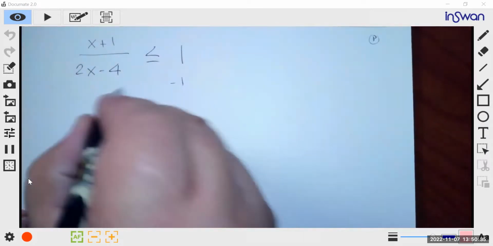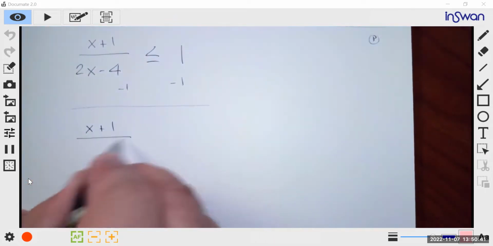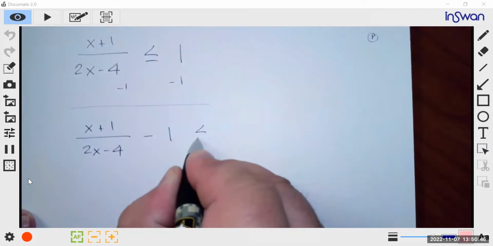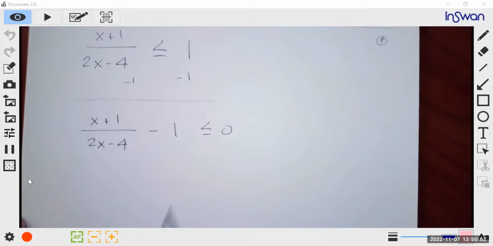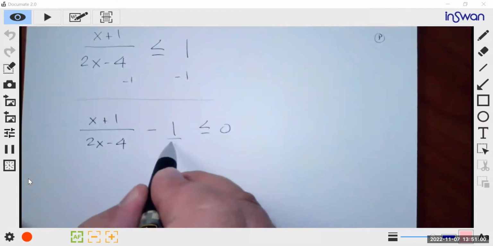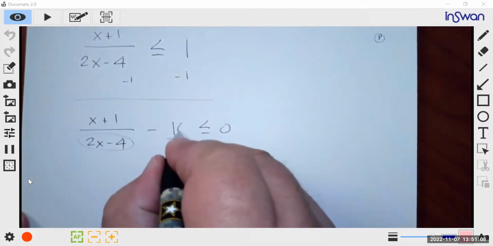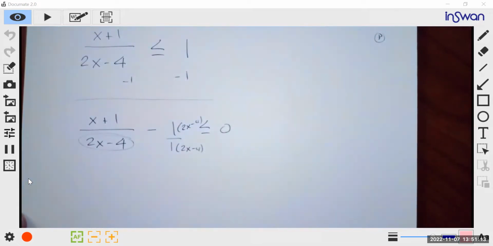So we have to subtract 1 from both sides. I have 2 fractions here now, so I need a common denominator. That's my only denominator: 2x minus 4.